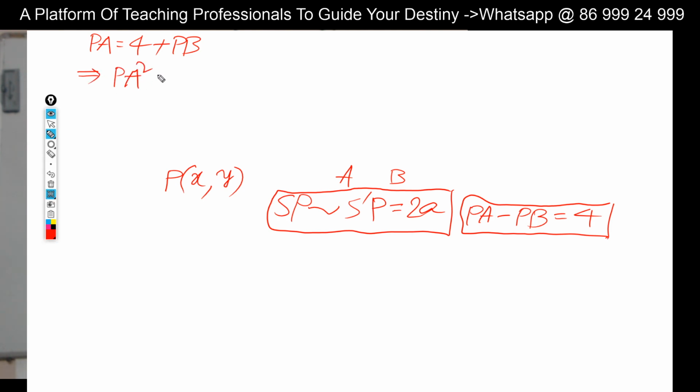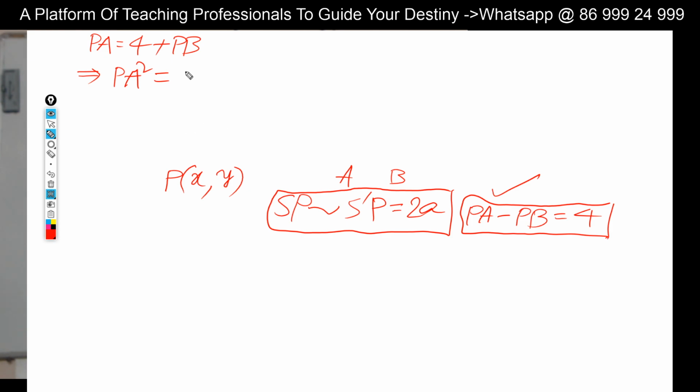Why should we square it? Yesterday or day before yesterday, Arun asked this question: sir, why not we take it directly? You can take it, but what is the problem here? You will get one root here, another root here if you substitute the distance formula directly, and thereby simplification will be lengthy. And hence we are shifting this PB to the other side and we are squaring it to ease the simplification.